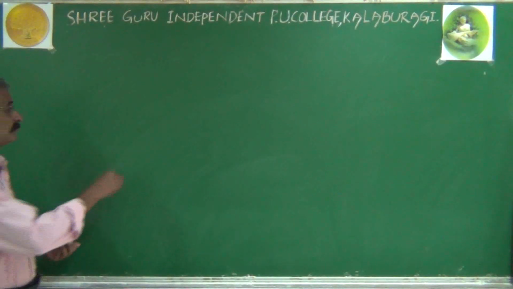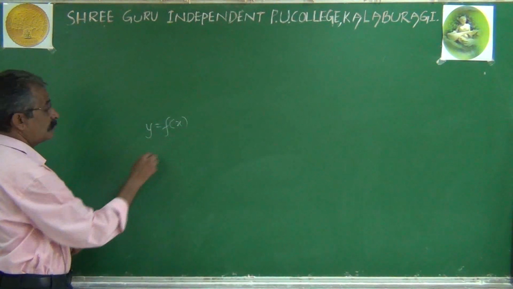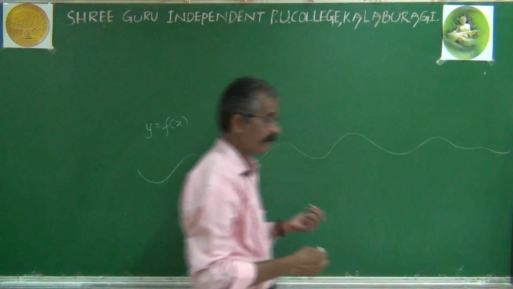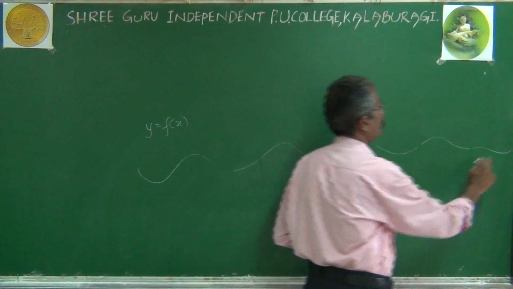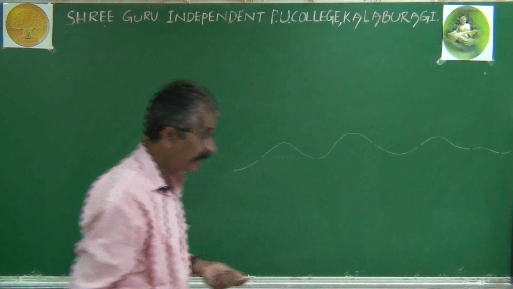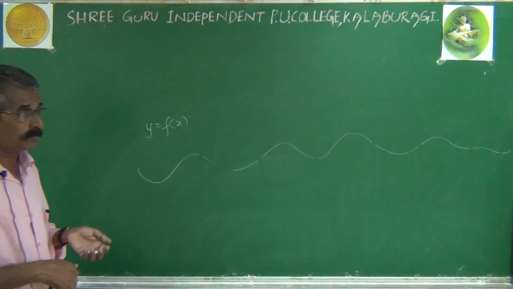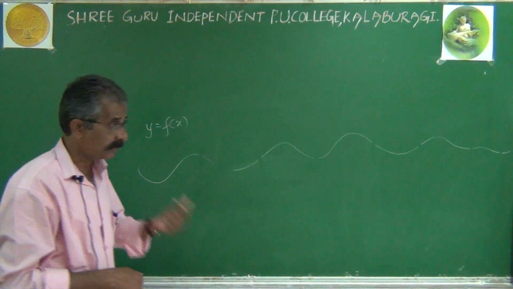That means we need to find possible points of continuity or possible points of discontinuity for a given function. So when you draw the given function shape geometrically, it may be continuous for all the values of x. It may have some points of discontinuities. In fact, it may have any number of points of discontinuities. May be 1 point, 2 points, 3 points, 100 points, 500 points, 1000 points.